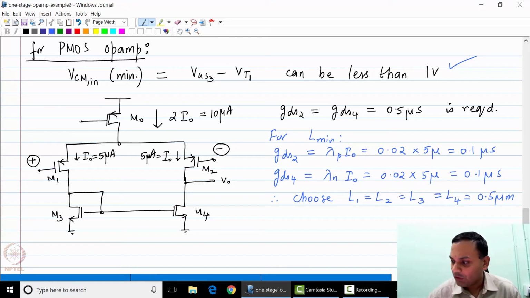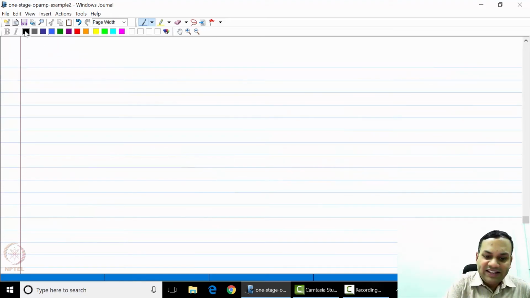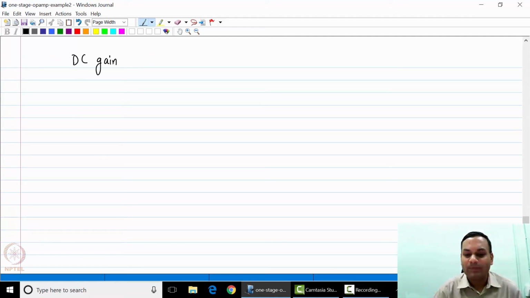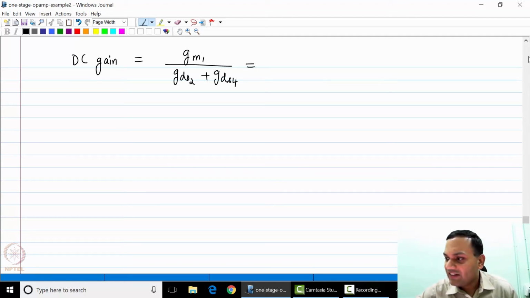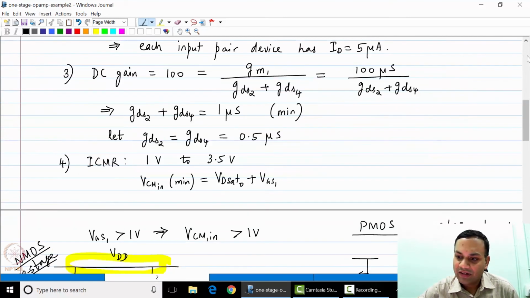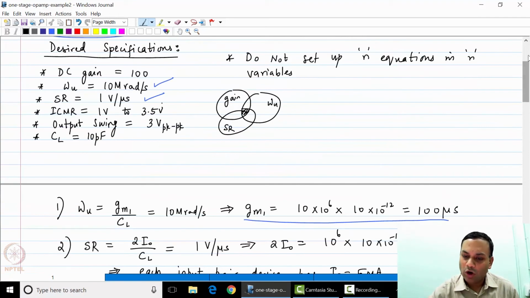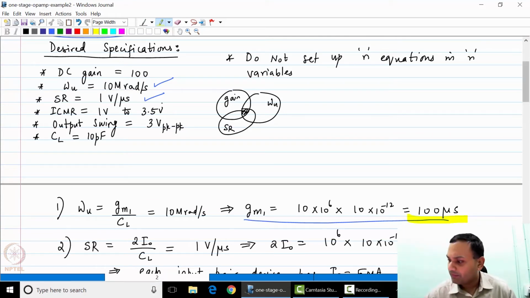Now, you can see that the DC gain is larger than expected. DC gain is GM1 by GDS2 plus GDS4. As we have seen earlier, the value of GM1 was determined to be 100 microsiemens.